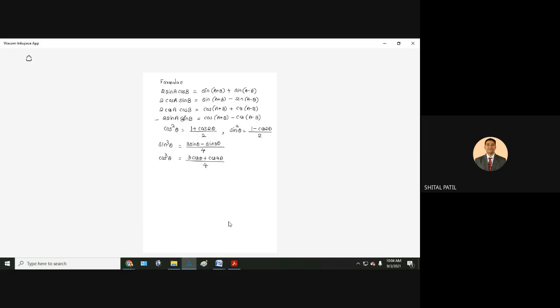Now the question may be why we are writing these formulas. We'll understand them. Let's solve. Check. Next, example number 6: D cube plus 4D y equals sin 5x cos 3x.